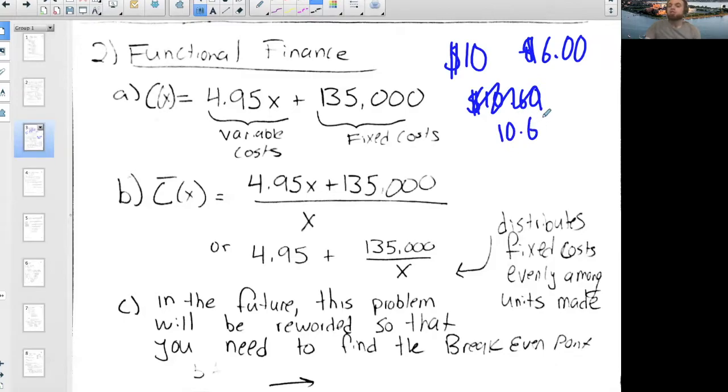They say each share costs $10.60. Because if you bought 10 shares, it would be $100 plus the $6 commission, which is $106. So per share, it's $10.60, because they take that $6 and divide it evenly among the shares.